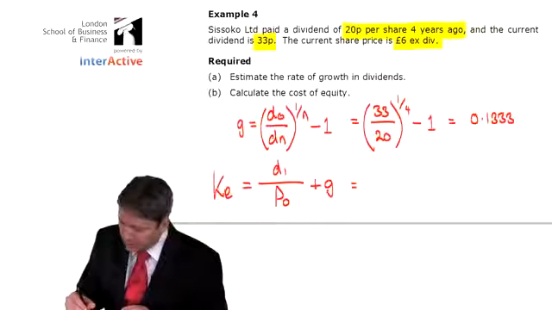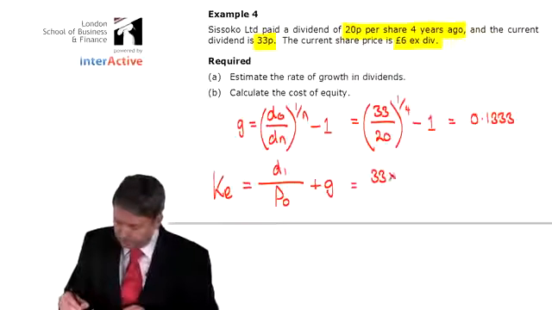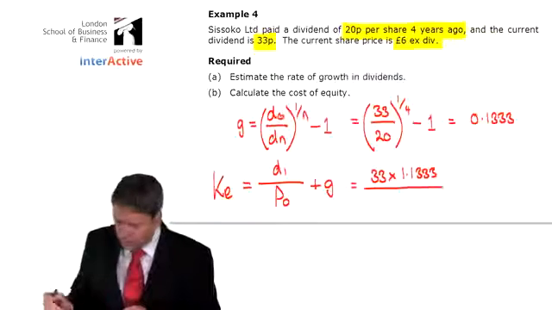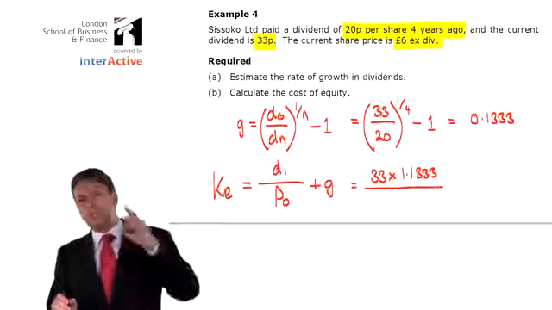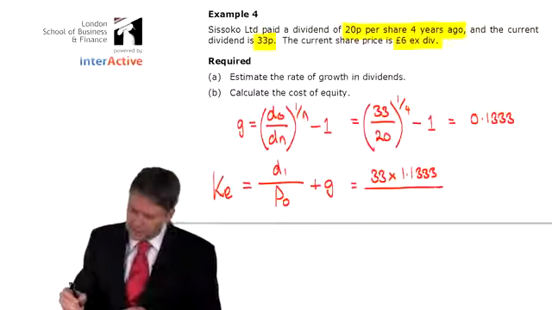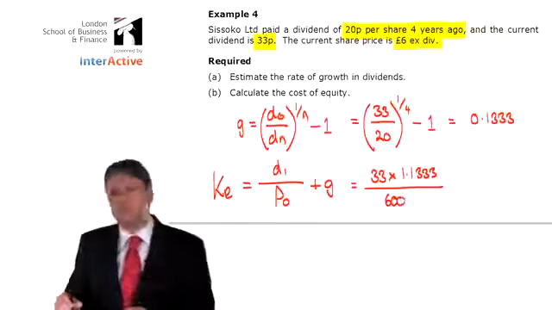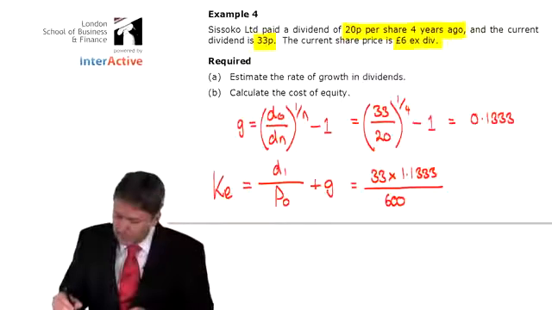D1 is going to be D0, which we said was 33, multiplied by 1 plus g, 1 plus the growth rate, 1.1333. Divided through by P0. P0 is the current price, £6 or 600 pence. Remember, we must be consistent. And finally, we add g.